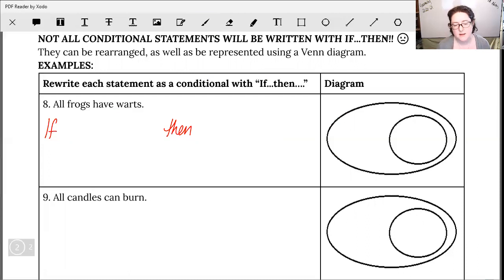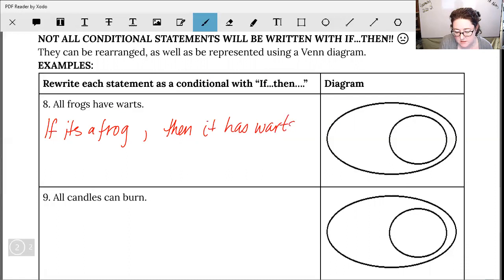But if I say if it's a frog, then it has warts, that makes a little bit more sense in context. And again, you can play around with the grammar. If I have you write out a statement like that, I'm not going to be concerned so much about the grammar as do you have your if and then, and do you have your ideas in the correct order?